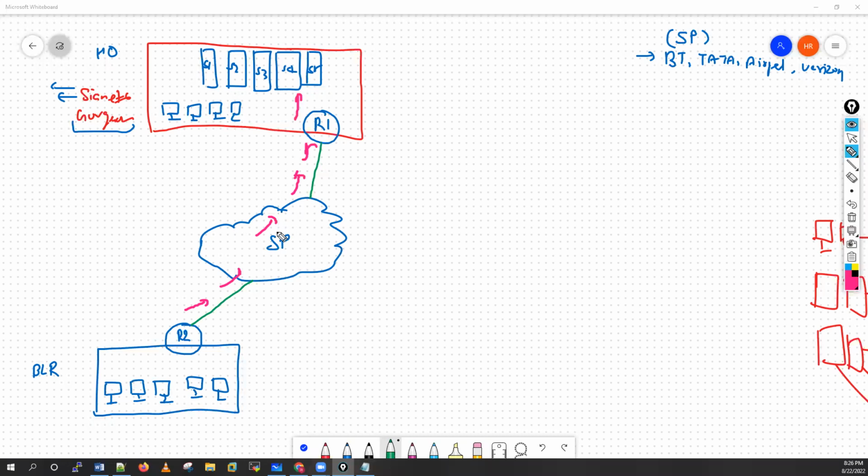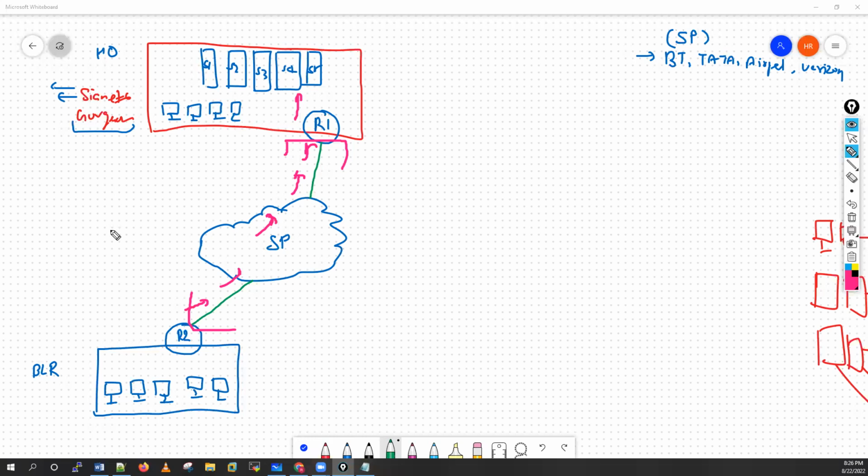So WAN is this particular network basically. WAN is a technology which will provide the connectivity between your head office and your branch office, or between your branch office and data centers, head office and data centers basically.